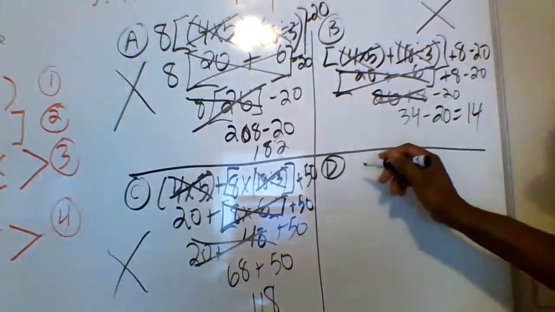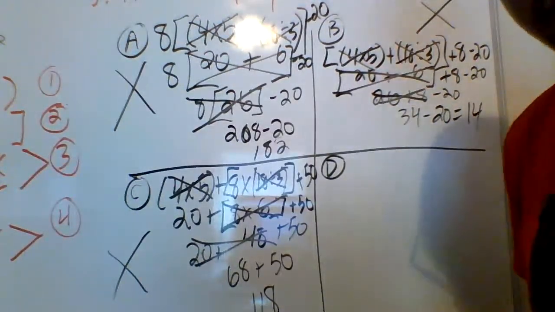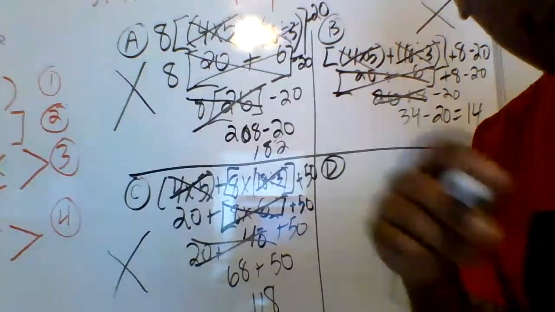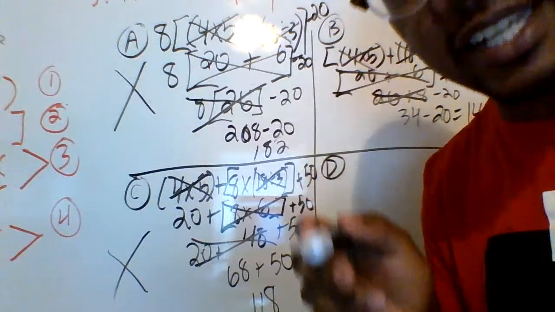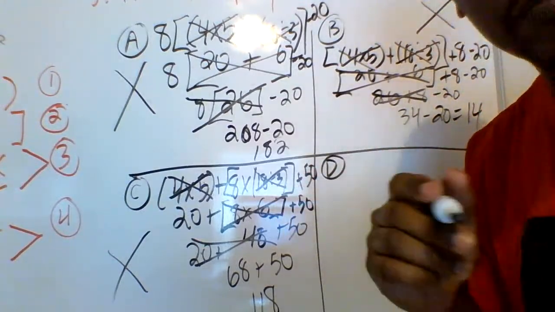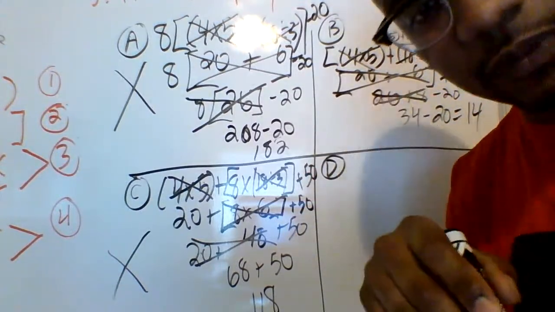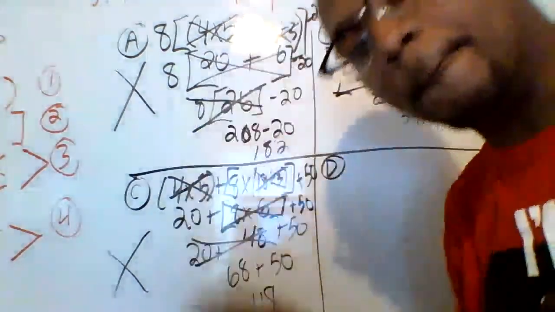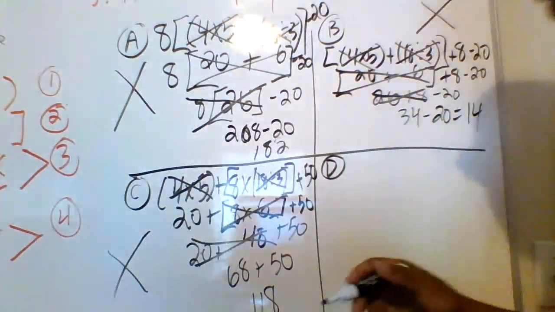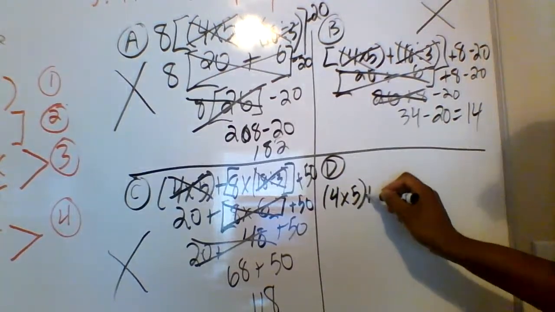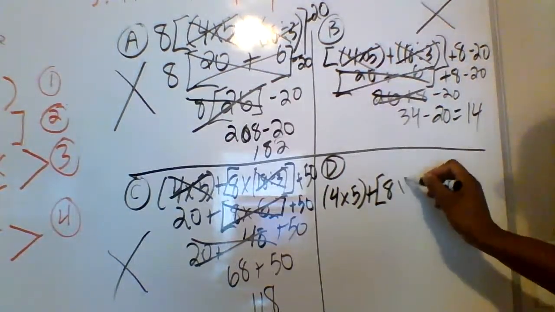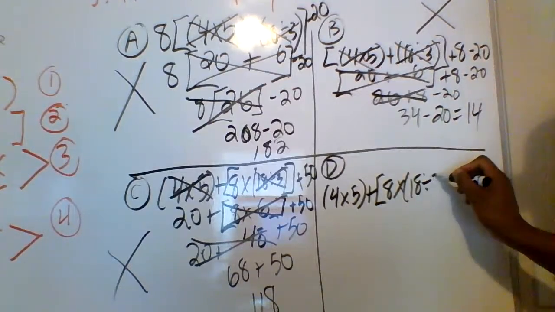Now, if you look at C and you look at D, the only difference between C and D is the last part. Instead of plus 50, it says minus 50. Right? So you got 4 times 5 plus 8 times 18 divided by 3.